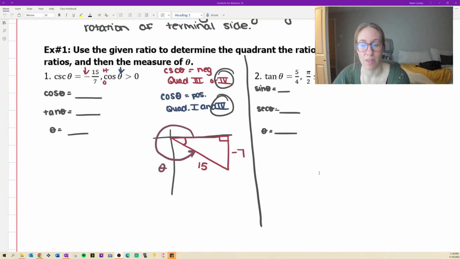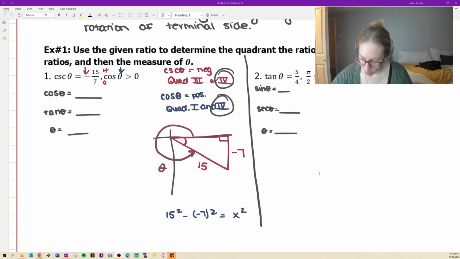I also know that that side is going to be negative because I'm in quadrant 4 and that is a negative y value. All right, so next up is Pythagorean theorem to find my missing side. So 15 squared minus -7 squared. I don't think this is one of the triples, so 176. So this is going to be x squared, right?